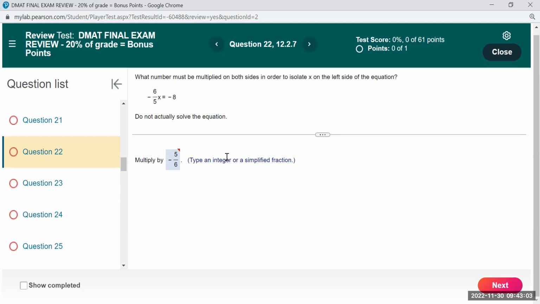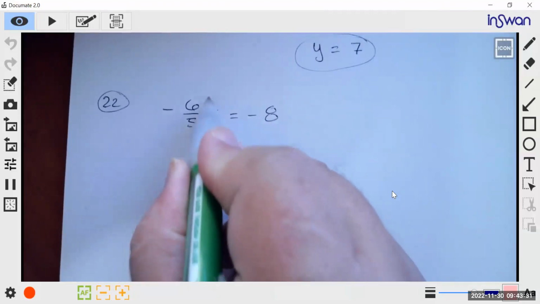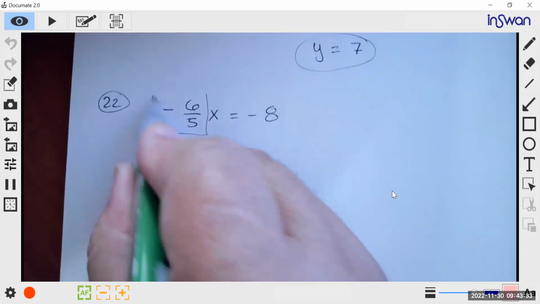Okay, what number must be multiplied on both sides in order to isolate the x on the left side? Negative 6/5 x equals -8. So what it's asking is, to get the x by itself here, we have to get rid of this number.